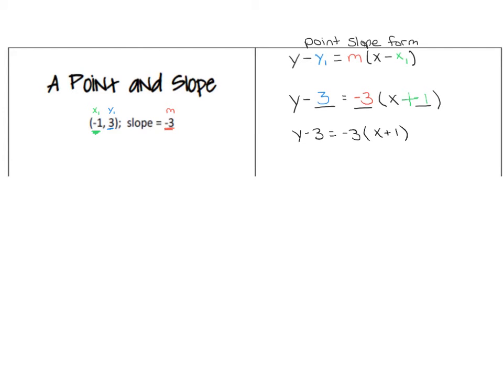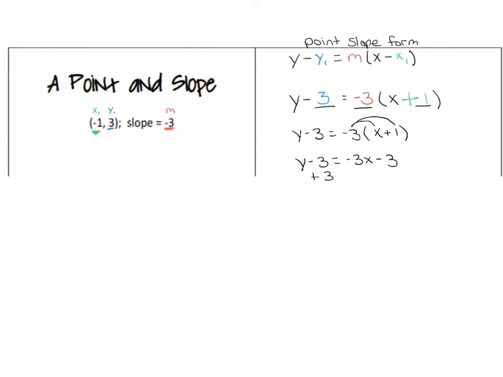But if I need to get it into slope-intercept form, I can just do the distributive property. And my problem becomes y minus 3 equals -3x minus 3, because -3 times 1 is -3.